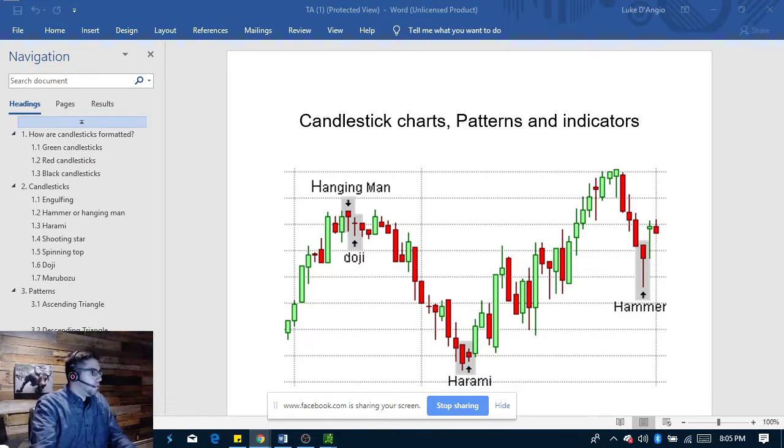What we have here today is just some basic chart reading patterns, candlestick formations. We're going to go through my top four, the ones that I use pretty much every day, and then a little brief overview of some of the other ones.